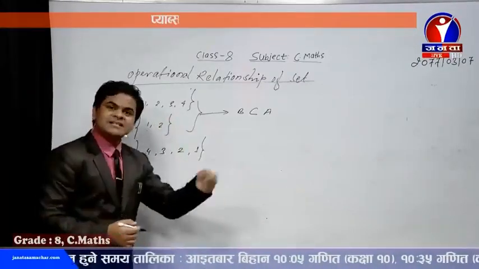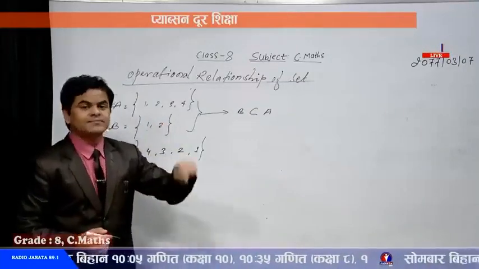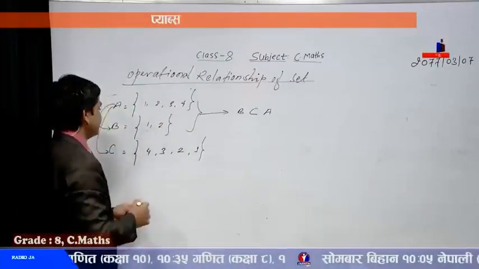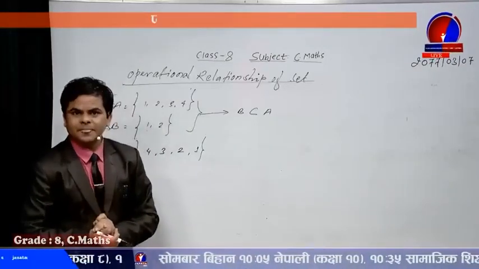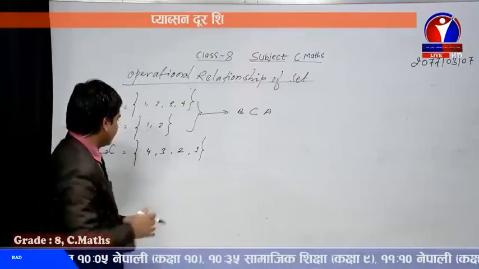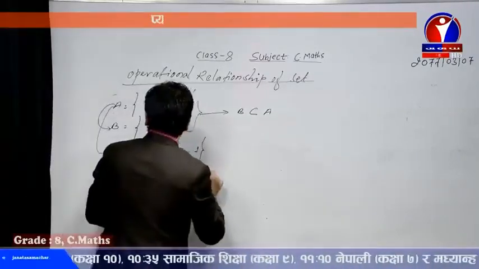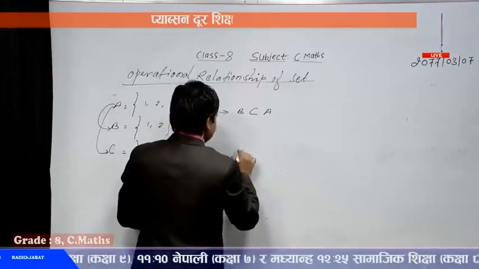If the elements are the same, and cardinally also, while counting, they are equal, then they have a relation. That relation is known as the improper subset relation.